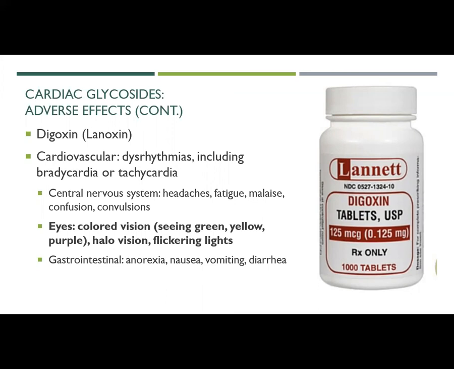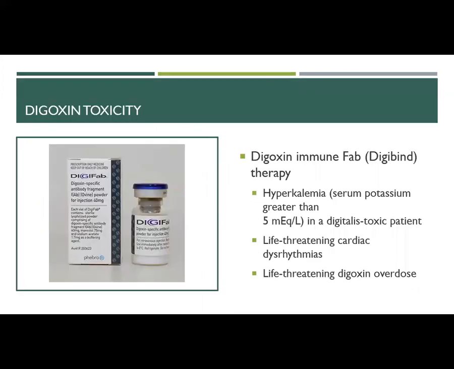If your patient is on digoxin and they say they're starting to see green, yellow, or halos, then you want to assess them for symptoms of digoxin toxicity. With anything, I always tell you, make sure that you know what your antidote is. The antidote for digoxin is digoxin immune fab. So make sure you know that.